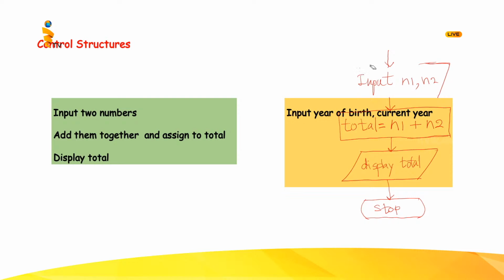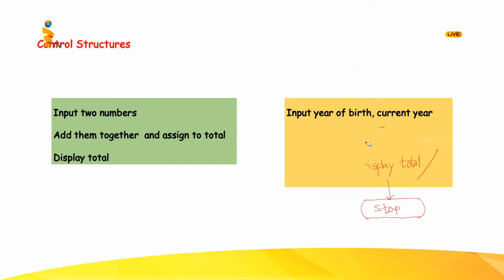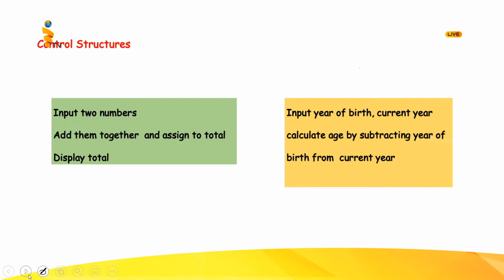Okay. Now I will give you another example. Can you see? Last time we learned how to calculate the age of a person. Now shall we try? Can we draw a flow chart to that also? There we have to input the year of birth and current year, calculate age by subtracting year of birth from current year, and display age in years.